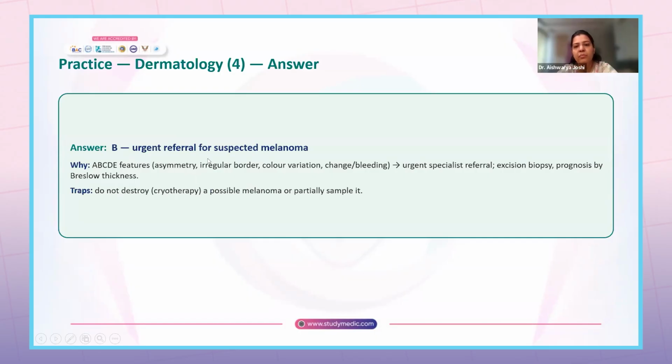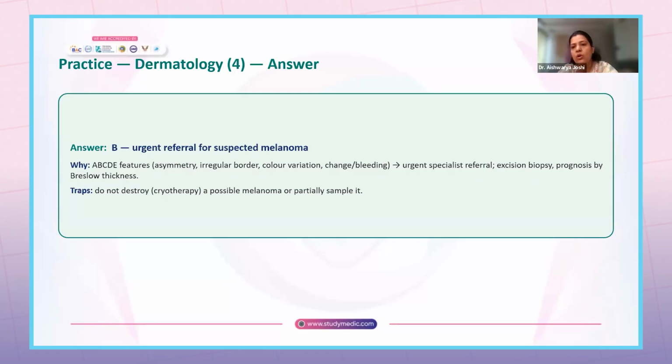In skin, if there is presence of asymmetry, irregular border, variation of color, altering diameter with bleeding, urgent specialist referral is required.